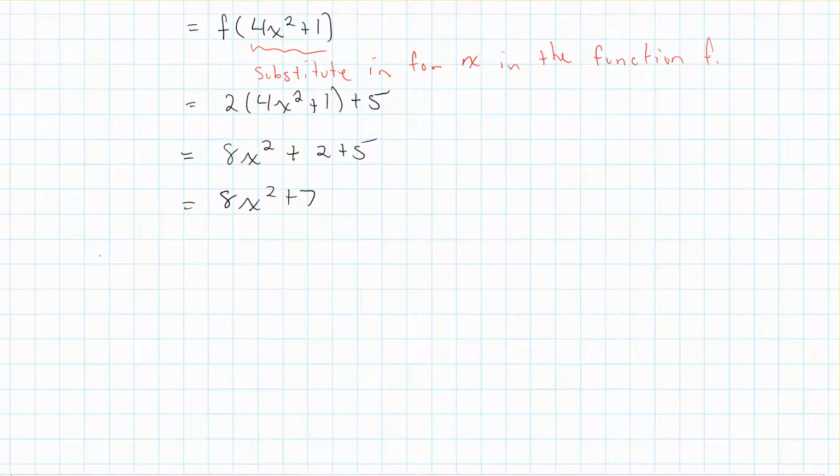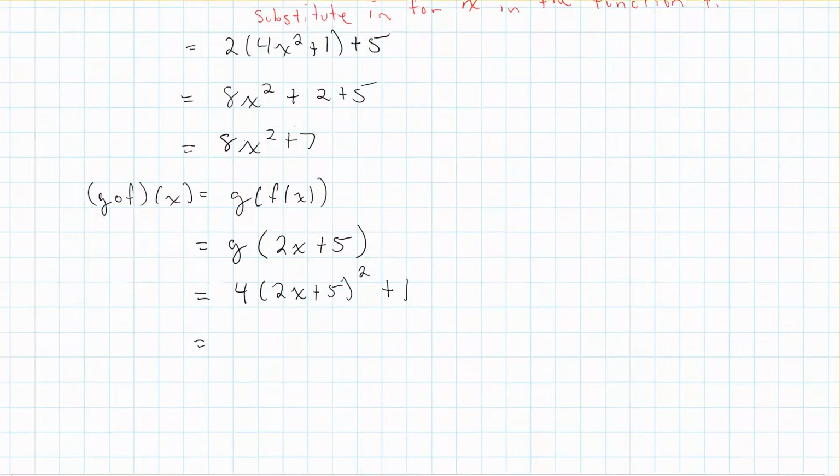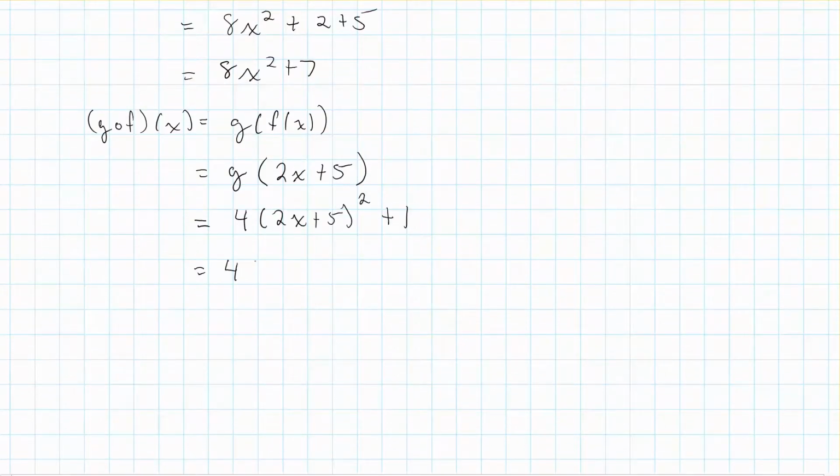Now we can do g composed with f at x, which would be g at f at x. So the difference here is we're substituting in f first, so this would be g at, well, f at x was 2x plus 5, and then I'm going to substitute that in for x in my function g. So this would be 4 times 2x plus 5 quantity squared plus 1, which, evaluating that, would be 4.